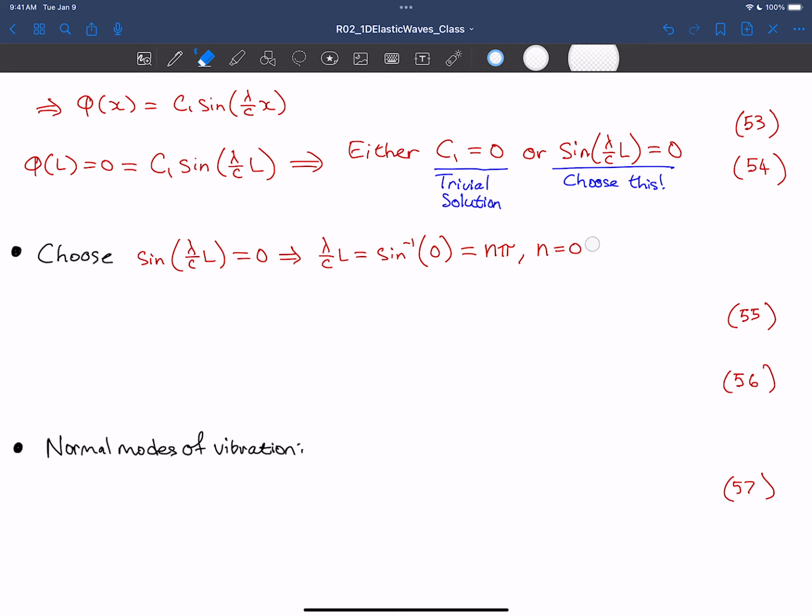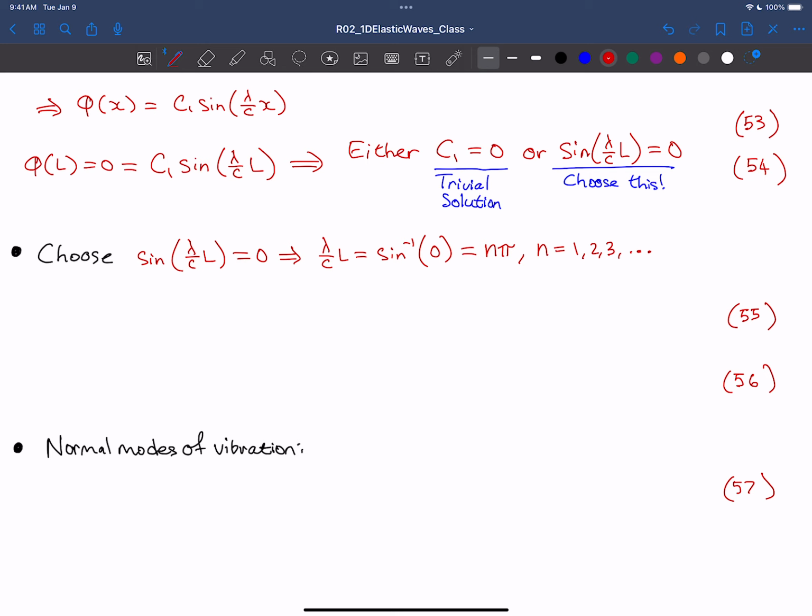Actually, in this case, it's not 0. It's just going to be 1, comma 2, comma 3, dot, dot, dot. That 0 term will only show up when you have free boundary conditions. If you have any fixed boundary conditions or a spring or a mass or something, then you won't have n equals 0 as a valid solution.